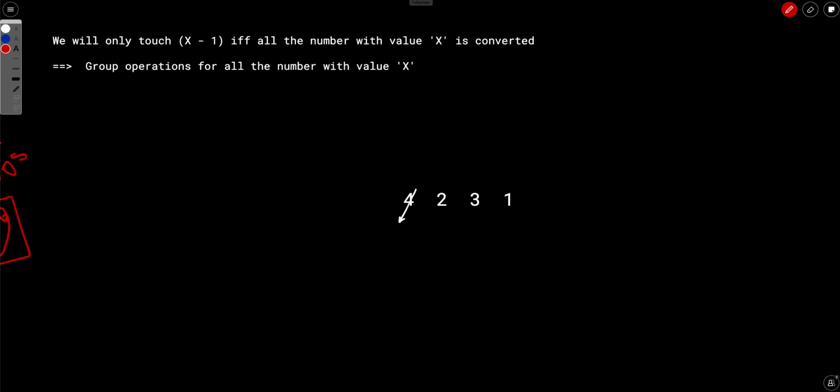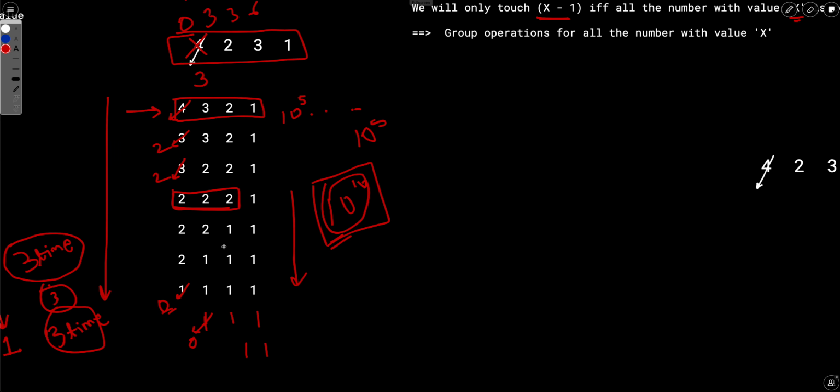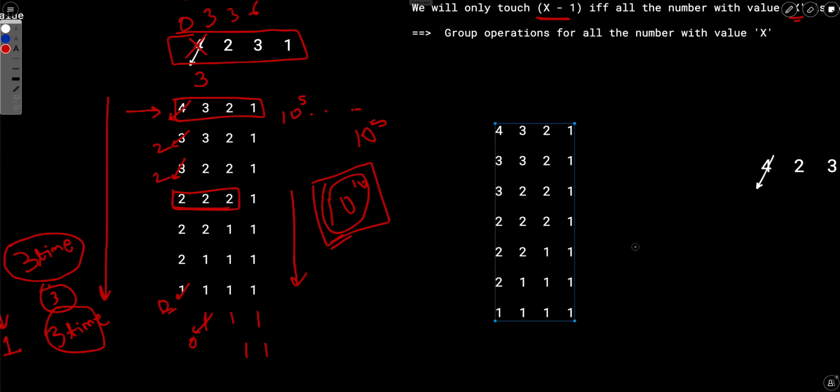Again, just to mention it, we will never touch x minus 1 until there is no x in our array. So we can group all the values with x in a single group. Let's take this again.